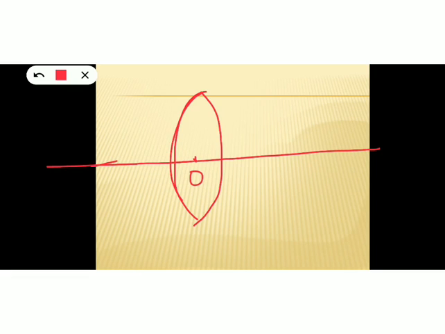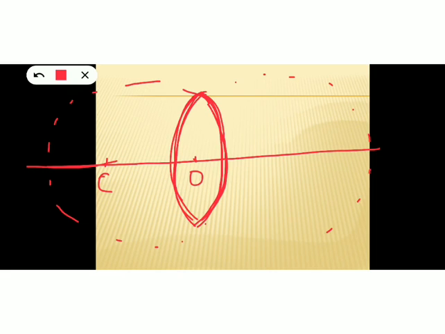A lens has two spherical surfaces, so there will be two centers of curvature: one corresponding to the spherical surface on the left and one corresponding to the spherical surface on the right. We can name them C1 and C2.